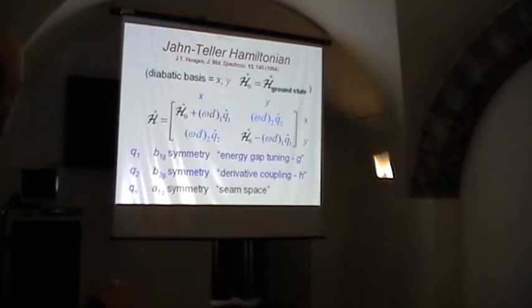And so they'll split these 2 energy levels of the X and Y polarized diabatic states. The B2G symmetry vibrations will cause derivative coupling. In the diabatic basis, this looks like a simple off-diagonal term dependent on the coordinate Q2 for the B2G symmetry vibrations.